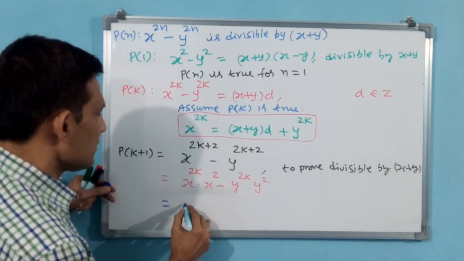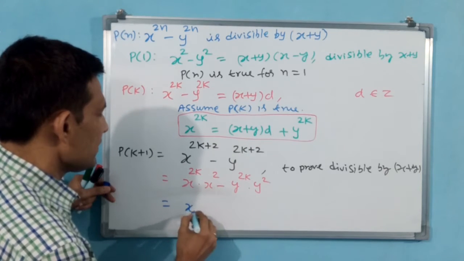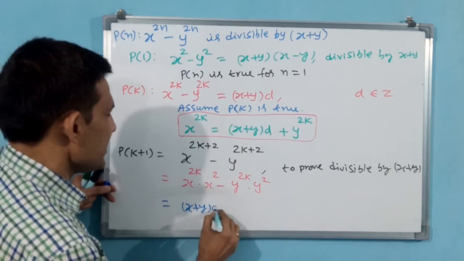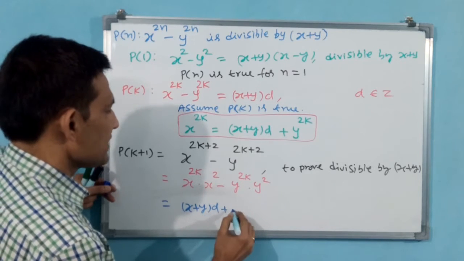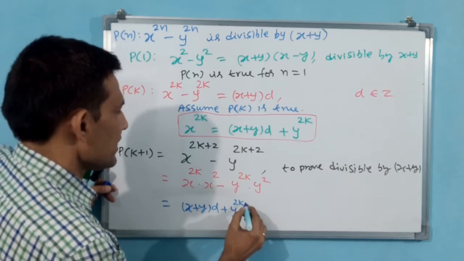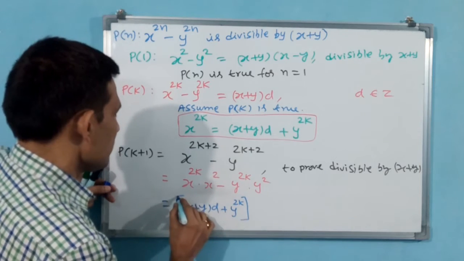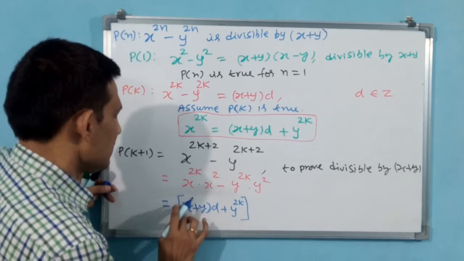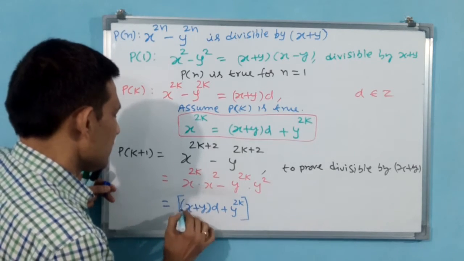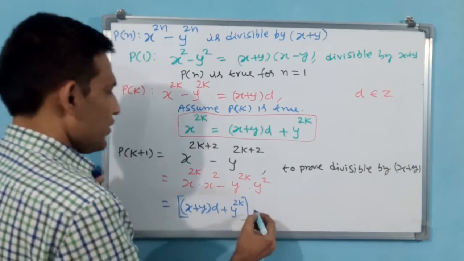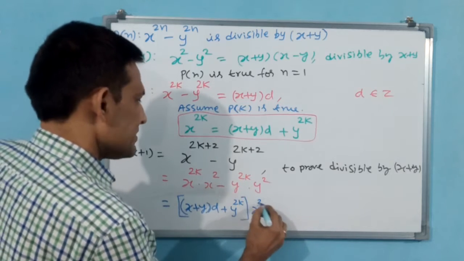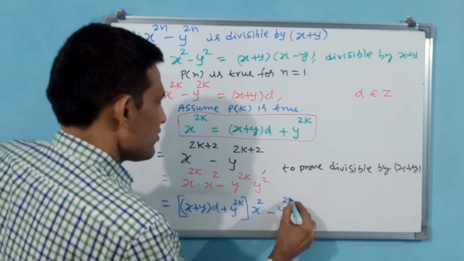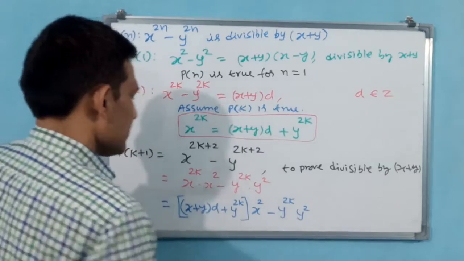You write down x plus y into d plus y power 2k. You put a bracket. Why? Because inside already parenthesis is available. Into x square outside, minus y to the power of 2k into y square.